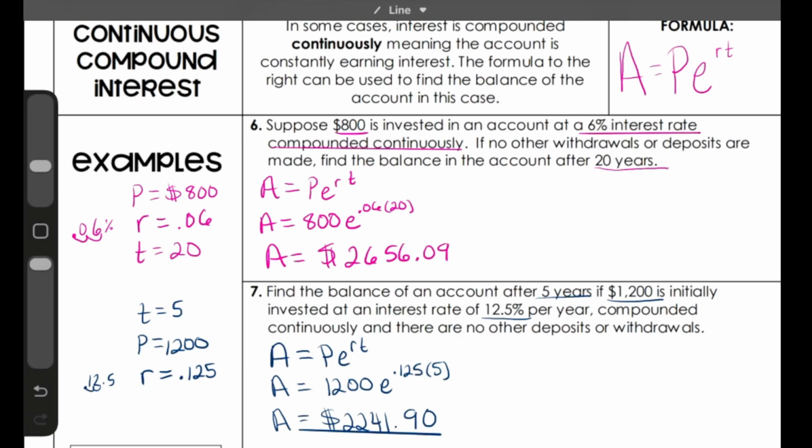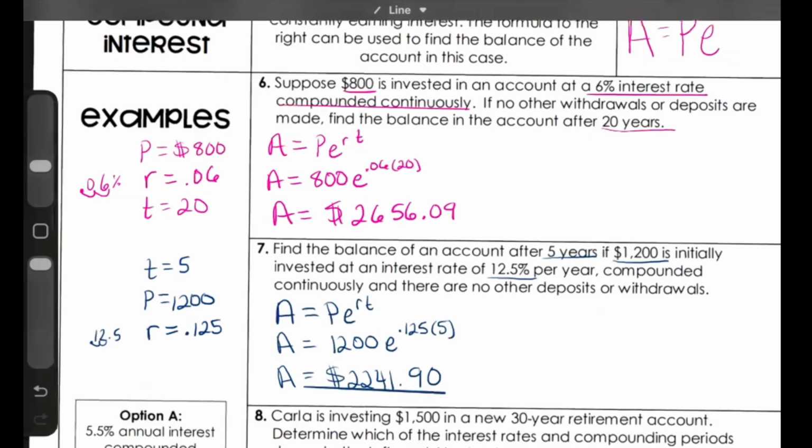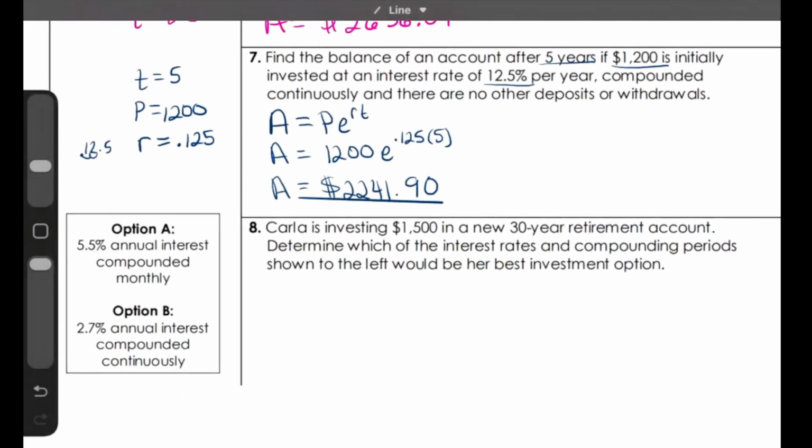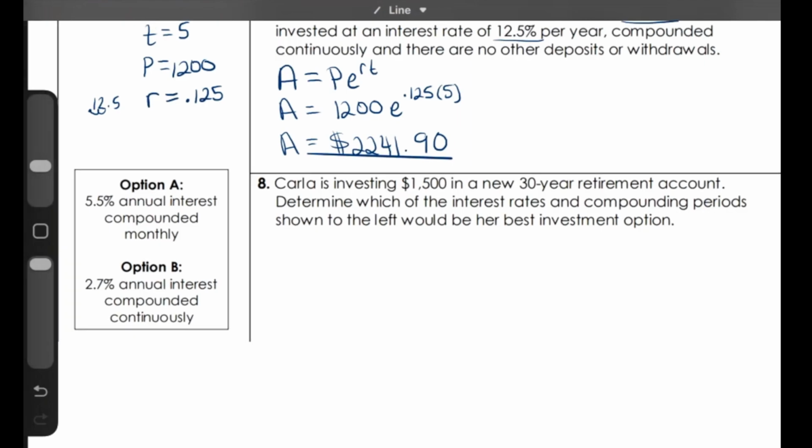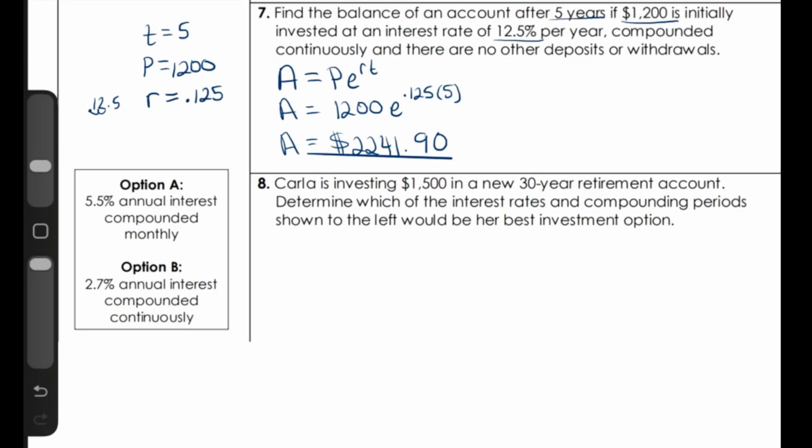Okay, now let's go ahead and move on to 8. Now we're going to notice a couple of things about 8. On number 8, we have our initial investment, we have our time, but it's asking us to determine which interest rates and compounding periods would be her best option.